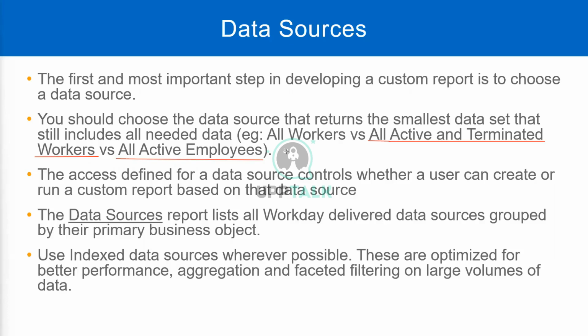If we are talking about compensation, why bother taking a data source that also has contingent workers? Because we have to filter them out anyway. In my report, I have to filter out contingent workers if I choose a worker data source. If I rather choose the data source that returns only the employees, then I don't have to add another filter.